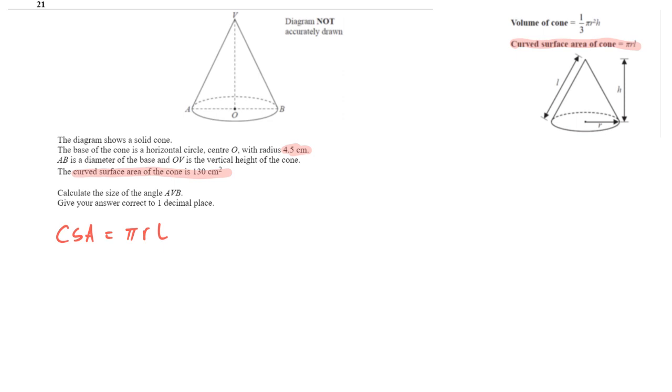I know the curved surface area is 130, so that's equal to pi times 4.5, which is given to us in the question, times the length, which is this distance here. So I can find that length by just working backwards through that: 130 over 4.5 pi.